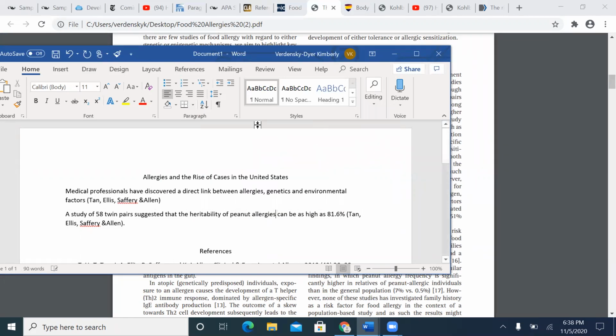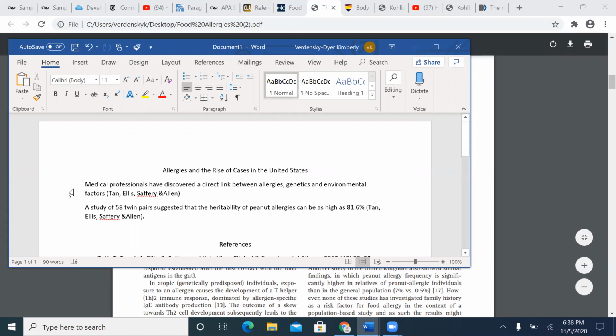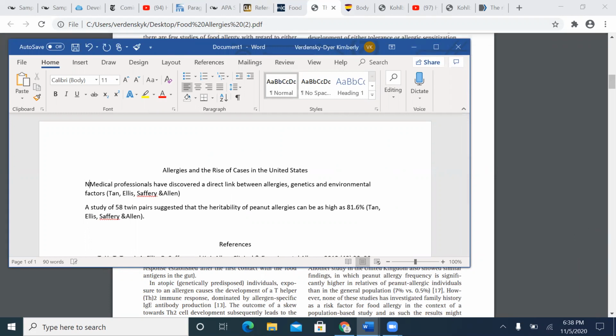And now I'm going to think about developing my claim and my hook. So I have some good ideas that there is definitely a genetic connection. And then I have some statistics, I have some numbers, and I'm going to start with a hook. So no one wants to experience an anaphylactic shock.